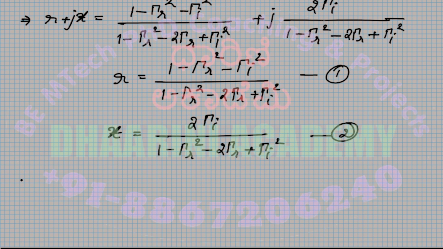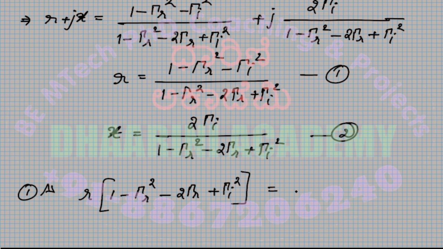So from equation 1, you cross multiply. That is R into 1 minus gamma R square minus 2 times gamma R plus gamma I square is equal to the numerator of equation 1, that is 1 minus gamma R square minus gamma I square.